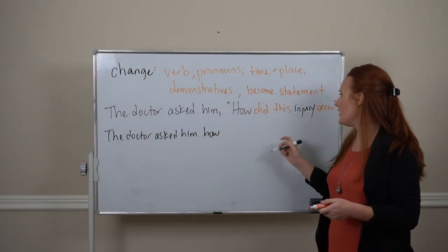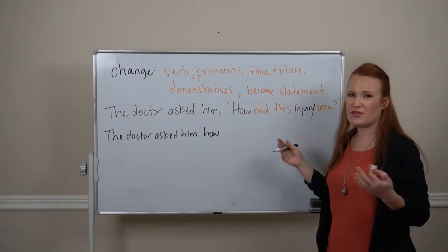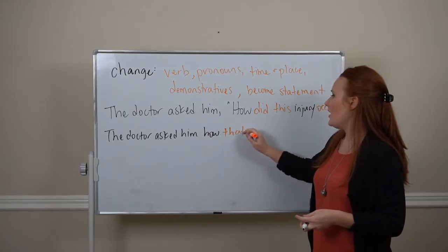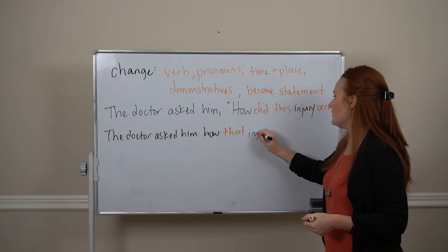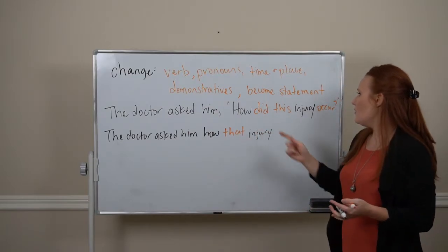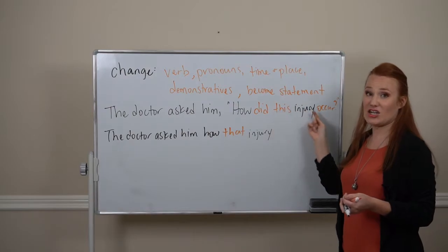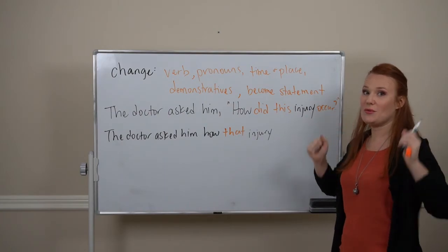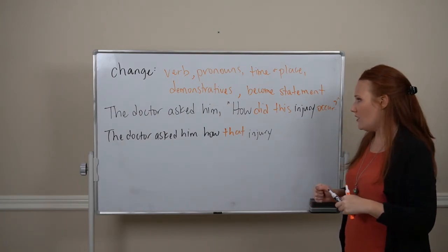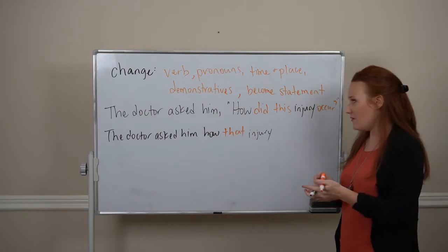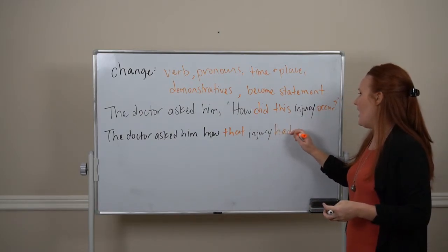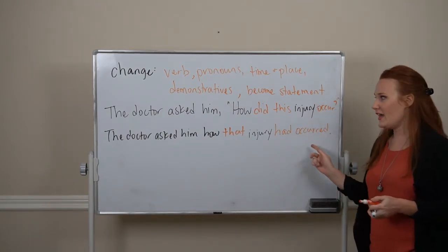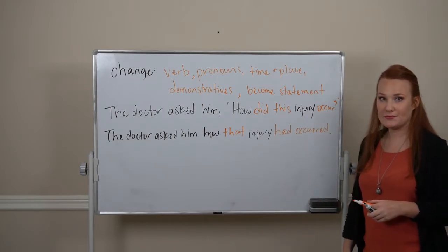Then our subject, we have this injury. But right now I'm not looking at this injury, so I need to use that. How that injury. Now we've got past simple, did occur. We gotta go one in the past from past simple, which brings us to past perfect. So the doctor asked him how that injury had occurred. Past perfect from our past simple.